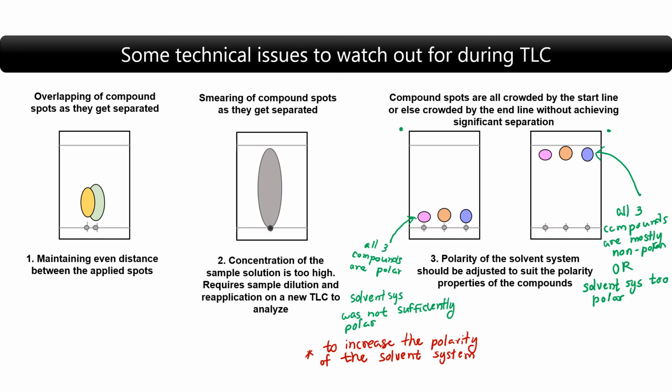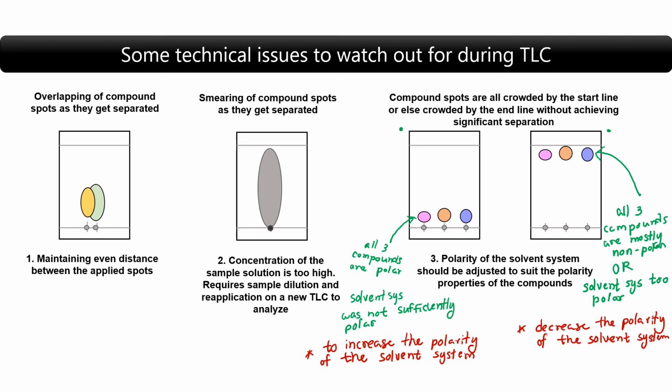But remember, the solvent system is always relatively less polar compared to the TLC plate. So regardless, the nonpolar compound will move all the way to the top as well. So to correct this, we would have to decrease the polarity of the solvent system.